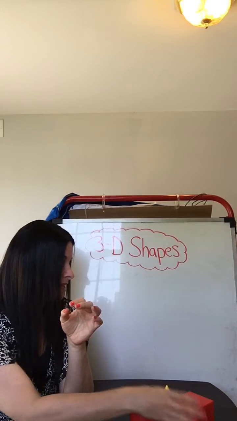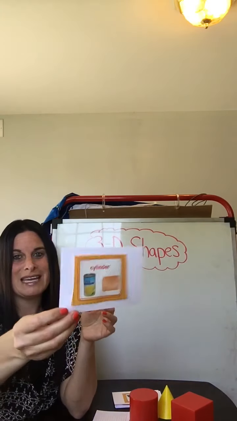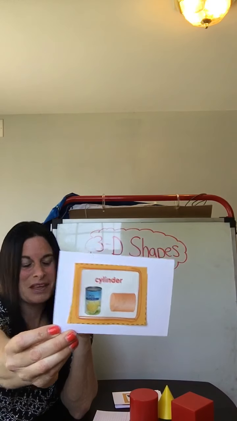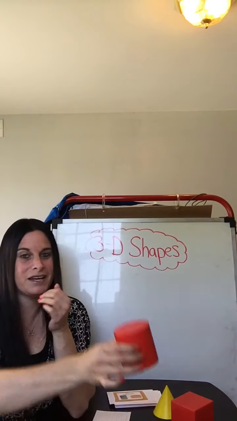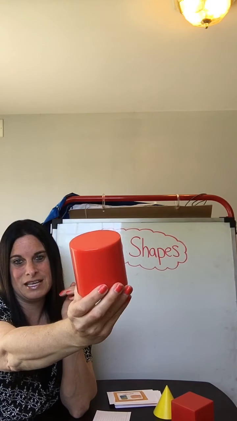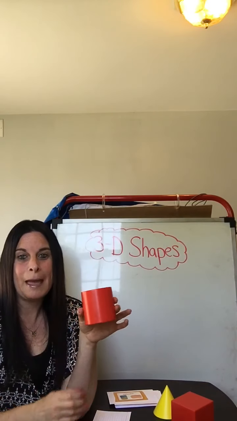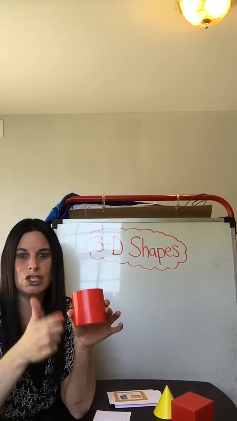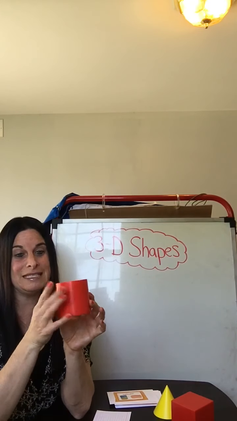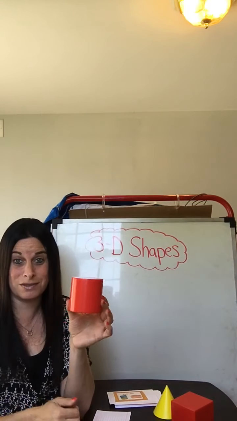Okay? All right. The next shape, boys and girls, I want to talk to you about is a cylinder. Now here is my cylinder. So let's see what kind of attributes my cylinder has. My cylinder has 2 flat sides. And my cylinder also has a round part.